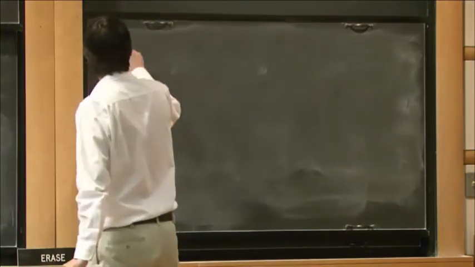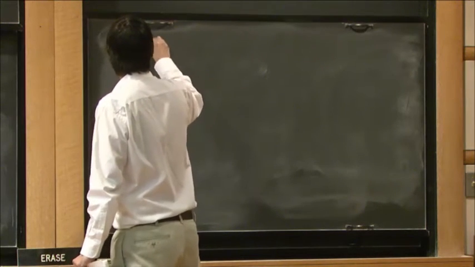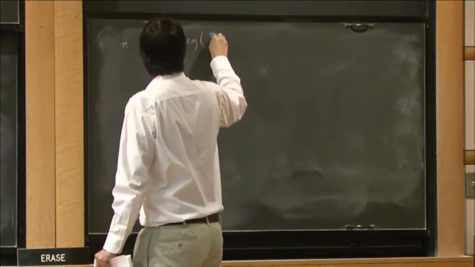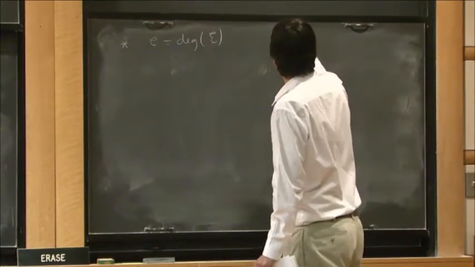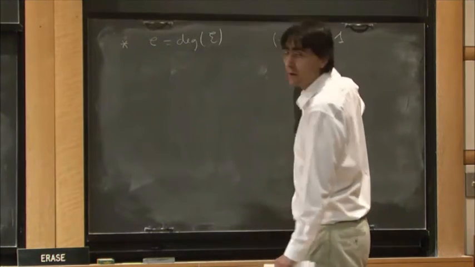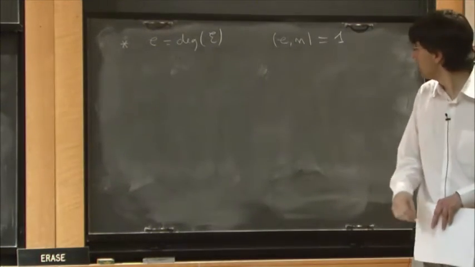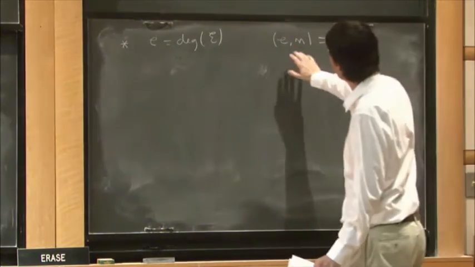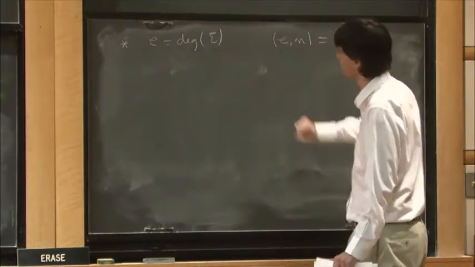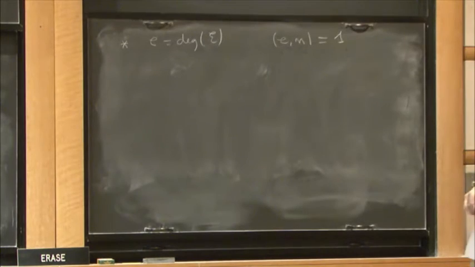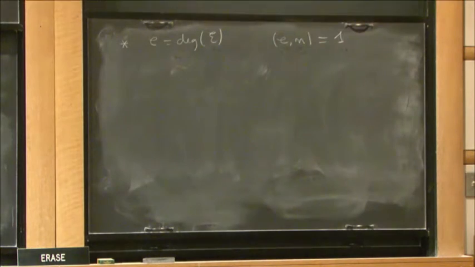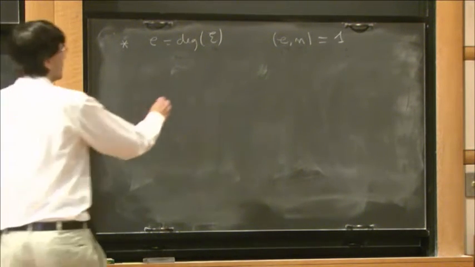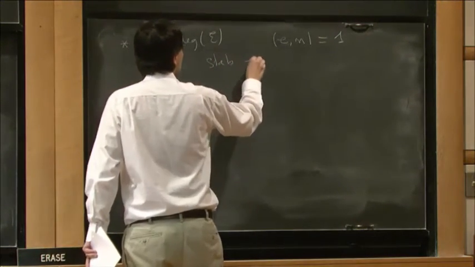So the first good trick is to assume that the degree of the underlying vector bundle is prime to the rank. So n is the rank, e is the degree, and we will be in the so-called coprime situation where the degree and the rank are coprime. So in this case, stability is equivalent to semi-stability.